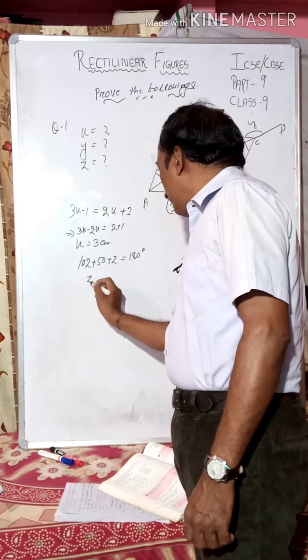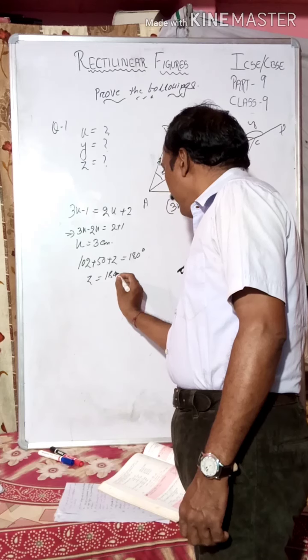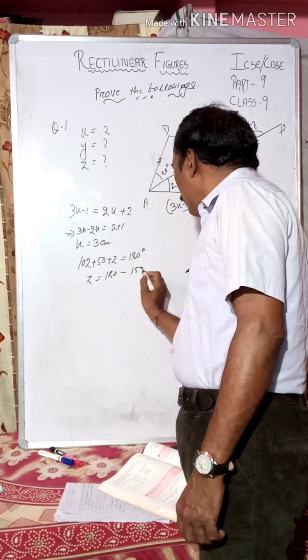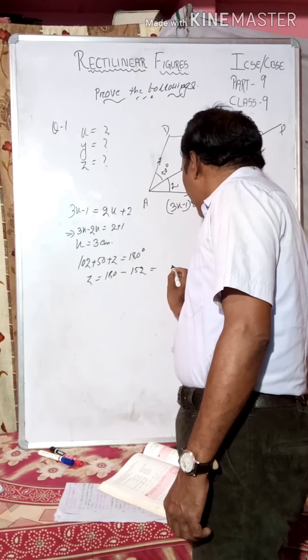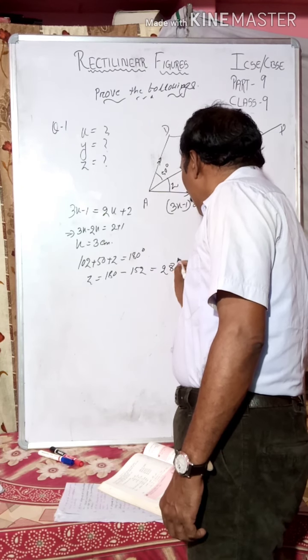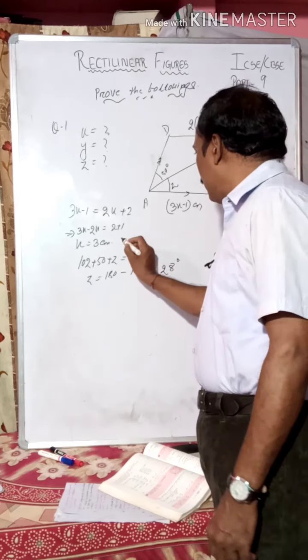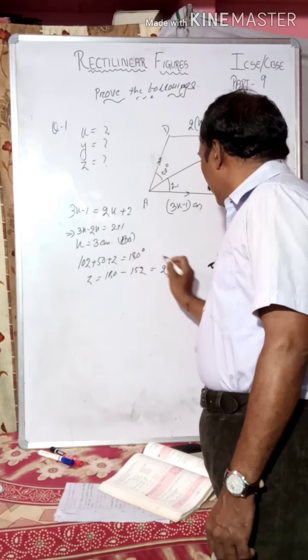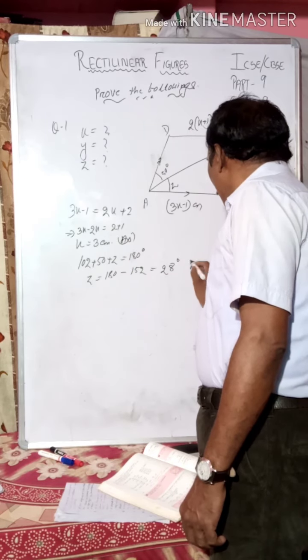So Z is equal to 180 minus 152, that is equal to 28. Z is 28 degree.